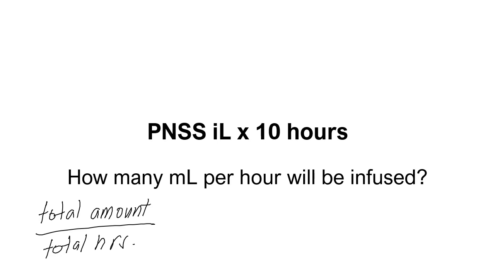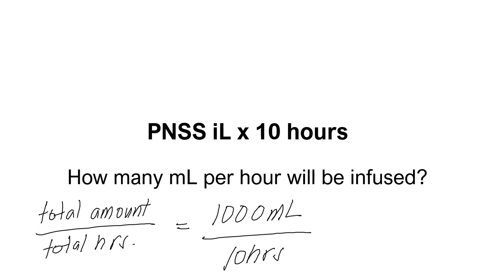Now, in this case, the total amount that would be infused is 1,000 ml, because again, 1 liter is 1,000 ml, and the total number of hours that we will be working with is 10 hours. And from this, 1,000 divided by 10 would give us a value of, that would be 100 and not 10.